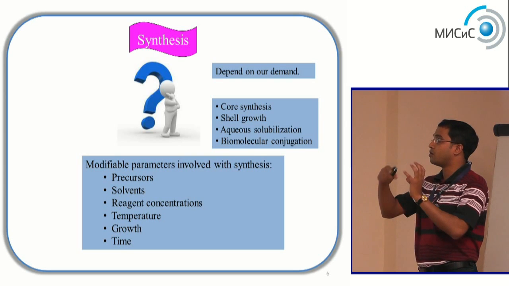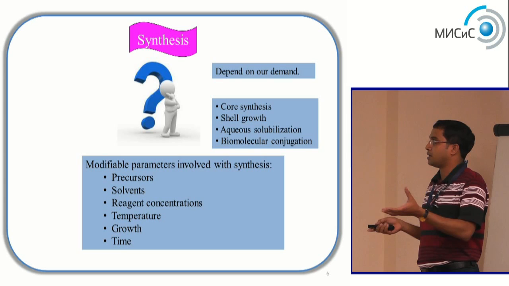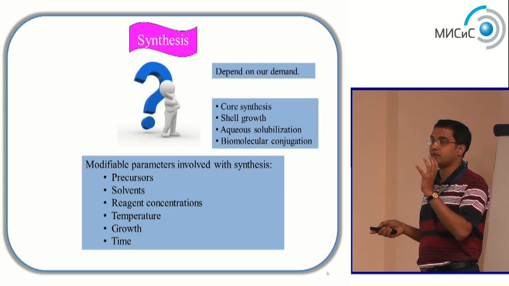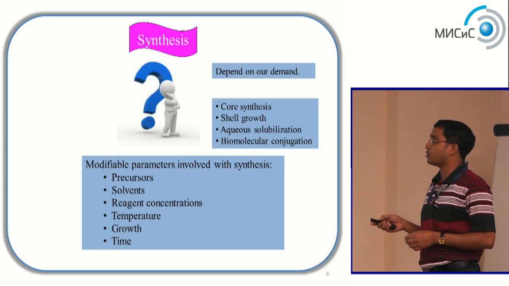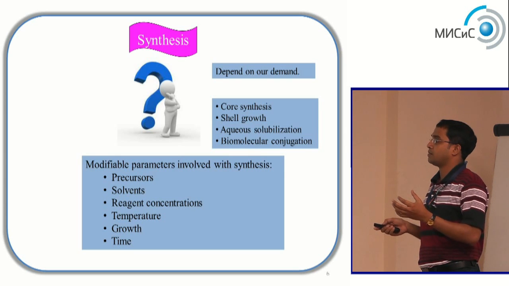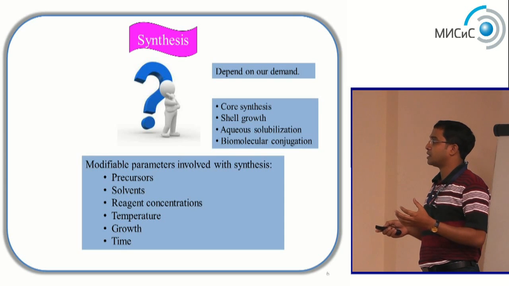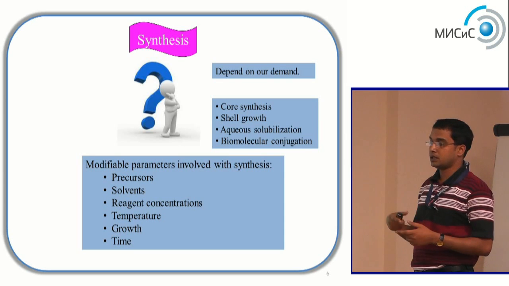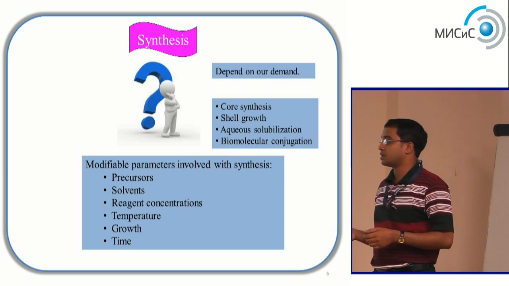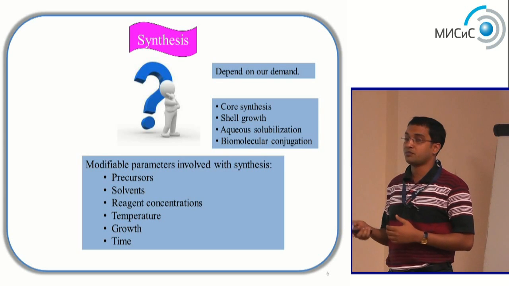A quantum dot has a core, and I will explain the role of the core and the role of the shell in the next slide. For biocompatibility, it has to be water soluble, so next is aqueous solubilization, and then the biomolecular conjugation. The modified parameters for this synthesis, the first one, are the precursors. Precursors play an important role.